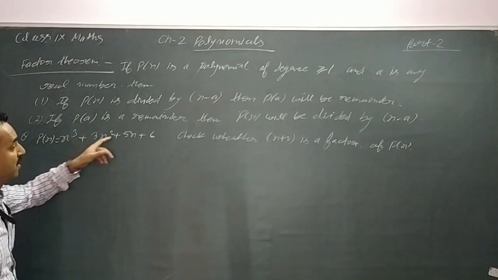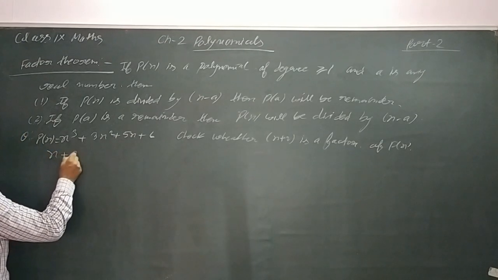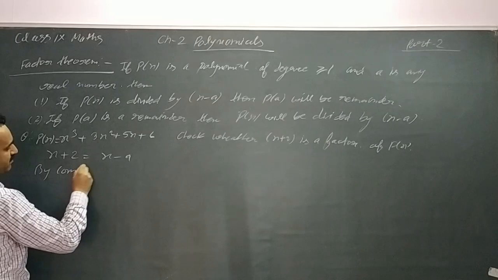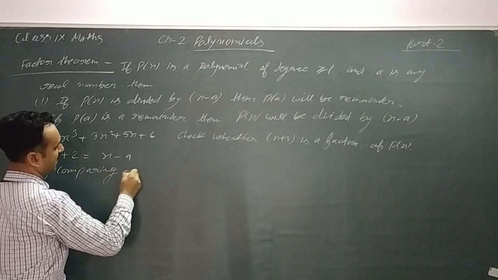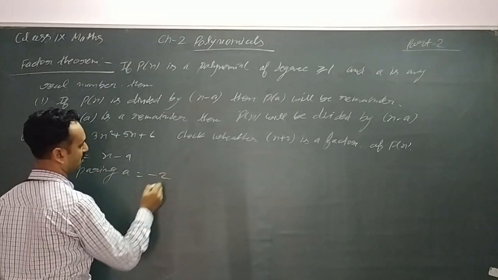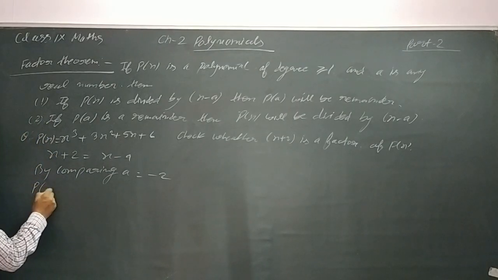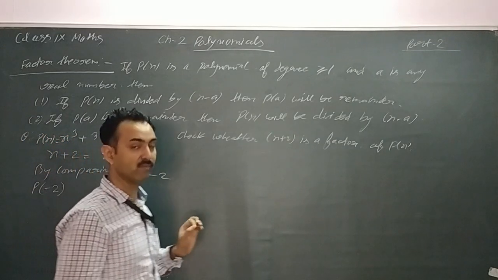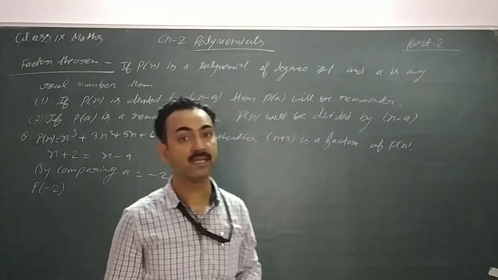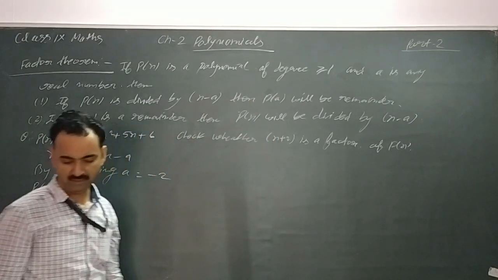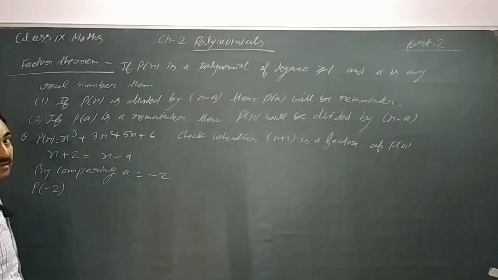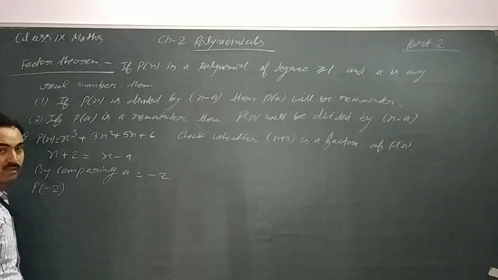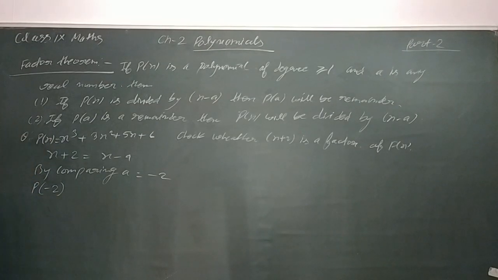We will check that x plus 2 is equal to x minus a. By comparing, a equals minus 2. So we will check whether P(minus 2) is 0. If any polynomial is a factor of the given polynomial, then P(a) will be 0. If P(a) is 0, then x plus 2 is a factor. So let's check whether P(minus 2) is 0 or not.